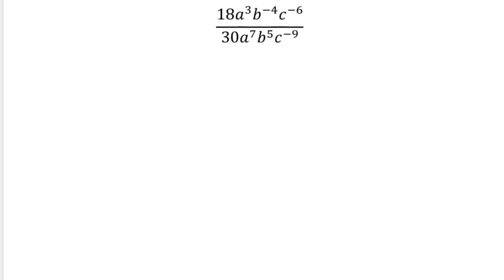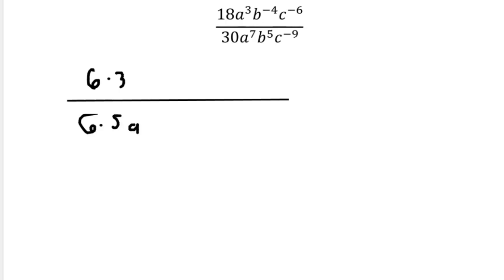Now let's try this one. This one is massive. So we have 18a cubed. And we can just break it down into 6 times 3. And let's use this line. So we get 6 times 5 here. And here we can just move the a cubed into the denominator. So it's going to be 7 minus 3. And b, we can just move this to the denominator too.